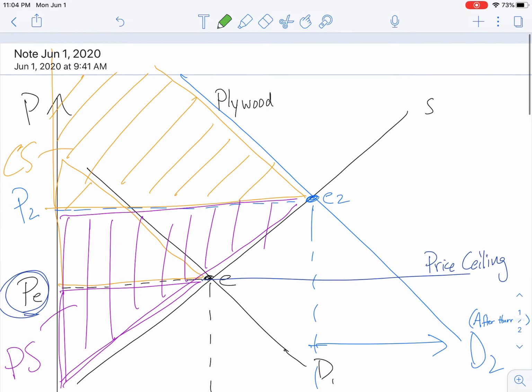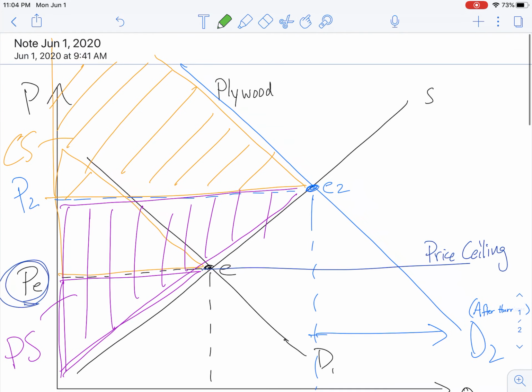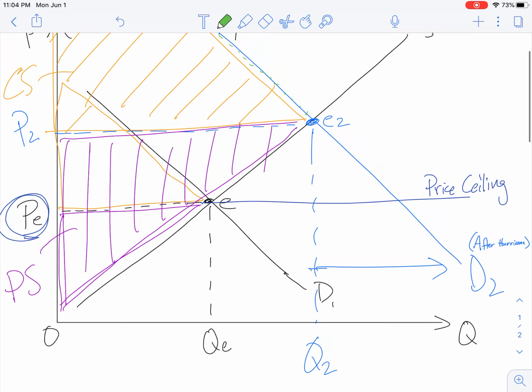But at that point, if we allowed the price to shift to E2, then you would see that all of these people who value the plywood at more than P2, right, the equilibrium price, they get the plywood. And all of these people on the demand curve, right, all these people below E2, they do not get the plywood. They would like to have some plywood, but the value that they put on the plywood is less than E2, and so they choose not to buy it. And so price is the allocation mechanism.